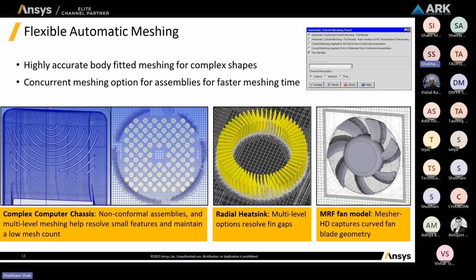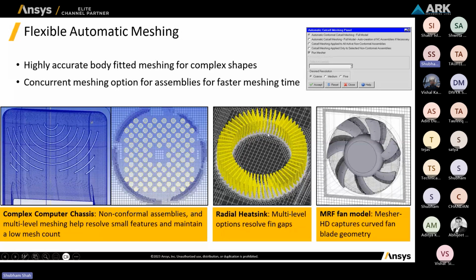If you see on the screen, there are four different kinds of meshes available. If we focus on the third part, the radial gaps, this is basically your multi-level option to resolve fin gaps. When you see the gaps between the fins, the meshing is very fine in the gap regions, whereas outside or inside the domain, the mesh gradually increases its element size, with no drastic change.